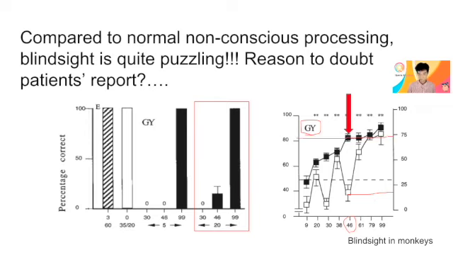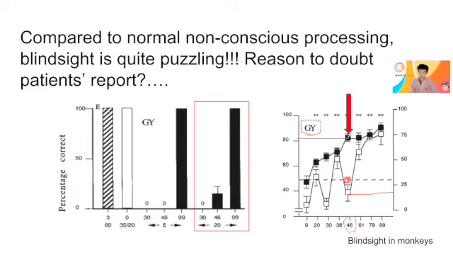of the time, he was able to correctly localize whether the stimulus was here or there. So chance performance is 50%, but his performance was 80%.